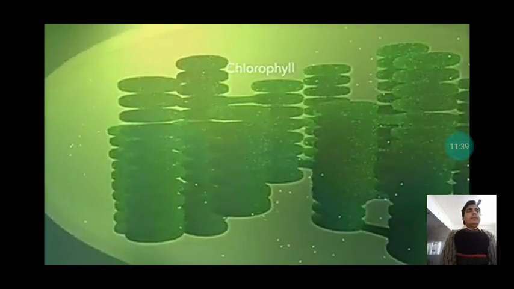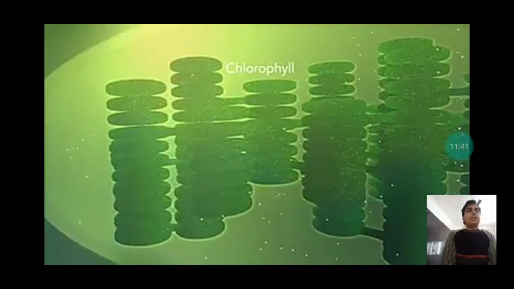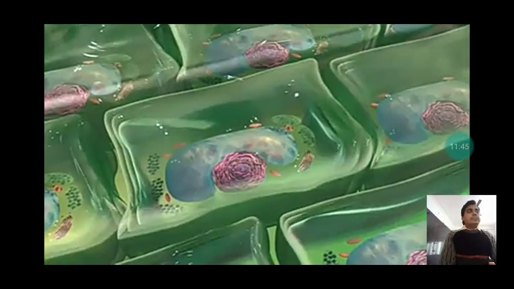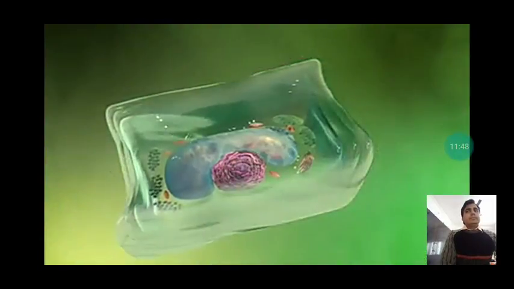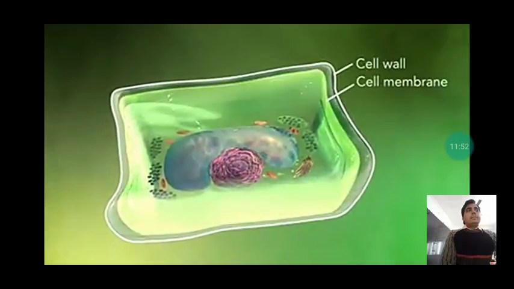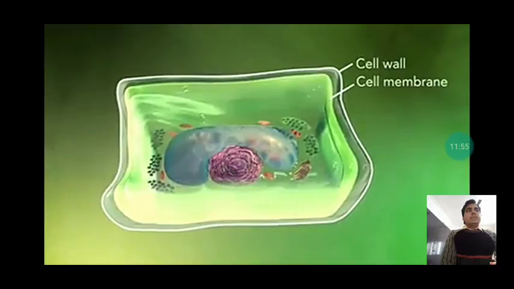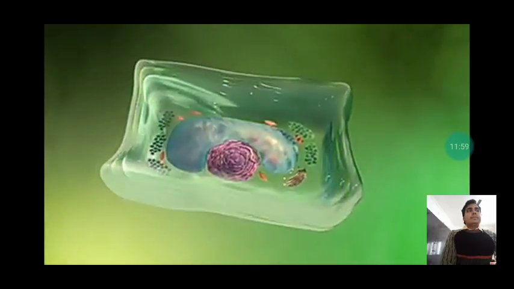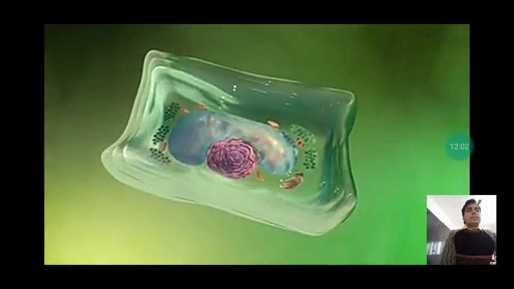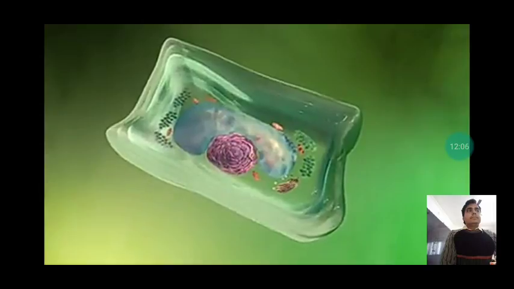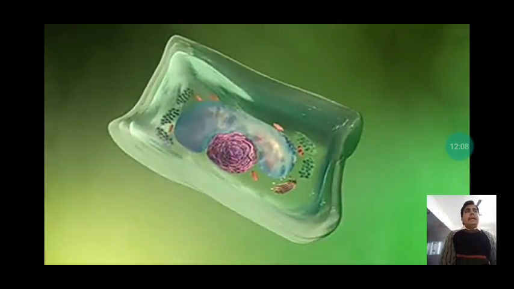It's green because it has the green pigment called chlorophyll. Plant cells also have a cell wall outside of their cell membranes that supports shape and protects the plant cell. Animal cells never have a cell wall.